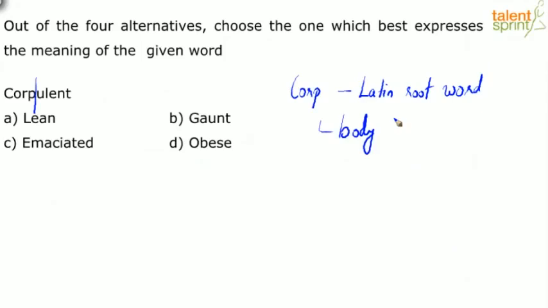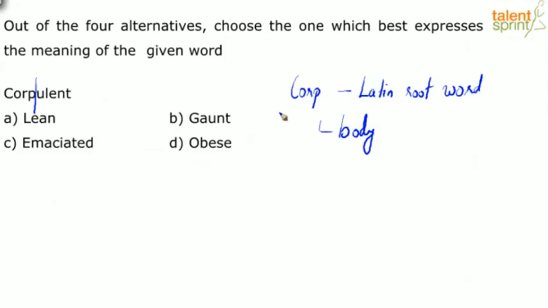Okay, and if you look at the options given, everything has to do with body, right? It's talking about a certain condition, how the body is in a certain condition, whether this person is extremely thin or very fat, right? So corporate again is a body consisting of people.